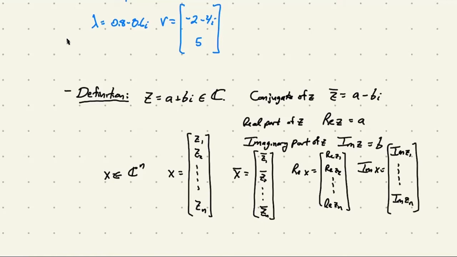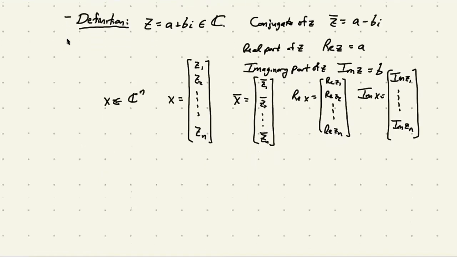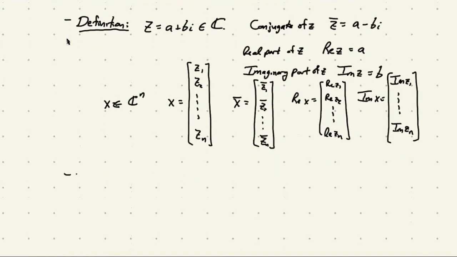Okay. So properties of conjugates from complex algebra do carry over to matrix-vector operations. And there's a very helpful proposition here. Suppose A is a real valued n by n matrix.